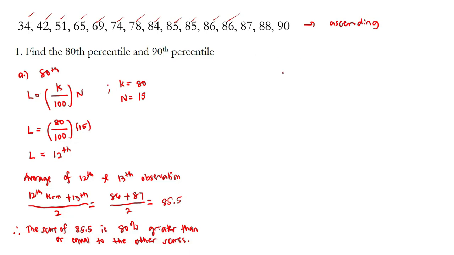So, if your score is 86.5, then you are higher than or equal to 80% of the other scores. I hope it is clear.